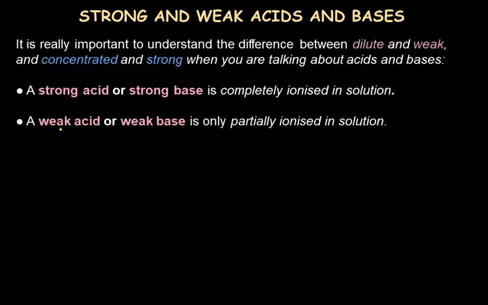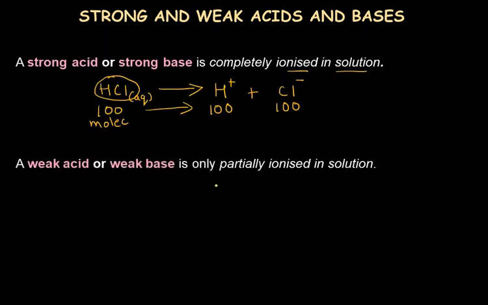On the other hand, a weak acid and a weak base are partially ionized in solution. Now let's understand what we mean by partially ionized. Again, say there is a weak acid, say ethanoic acid. All organic acids are weak acids, and we are taking it in its aqueous form.